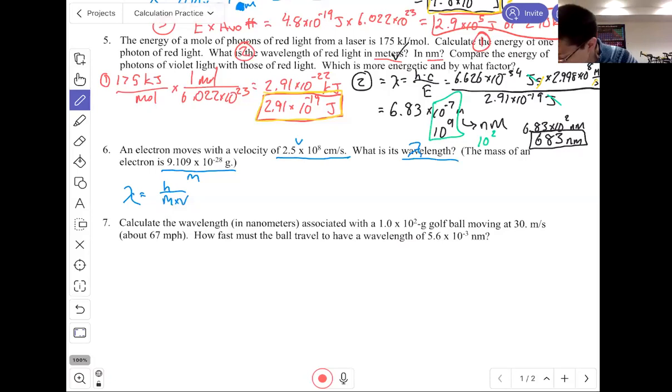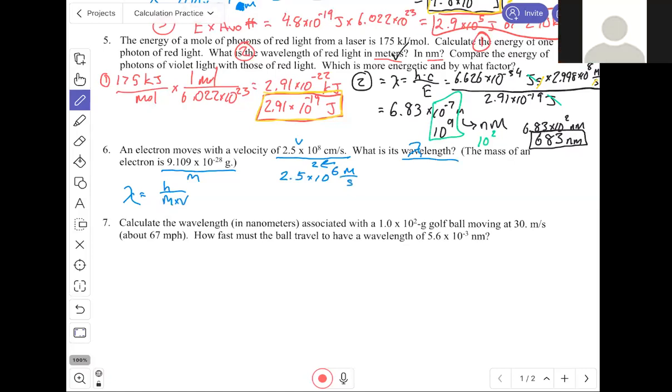So if I'm moving this 2 places to the left, that velocity is 2.5 times 10 to the what then? Well, it was times 10 to the 8th. 6th. So it should be times 10 to the 6th. Okay, so I've now got 2.5 times 10 to the 6th meters per second because I chopped 2 off by moving it 2 to the left. Does that make sense?